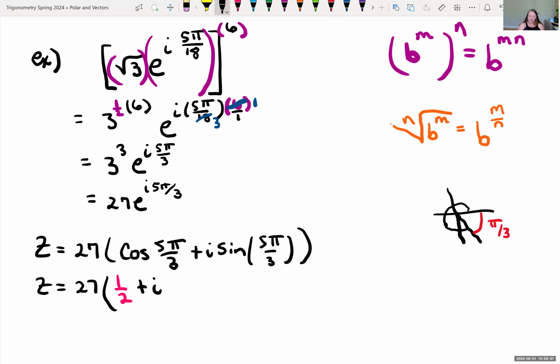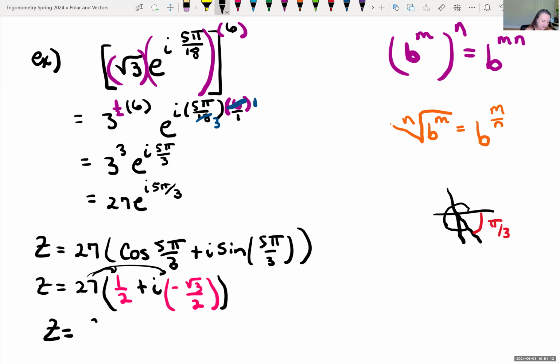Sine of pi thirds is root 3 over 2, but sine in the fourth quadrant is negative root 3 over 2. So let's distribute our 27 and rewrite this.